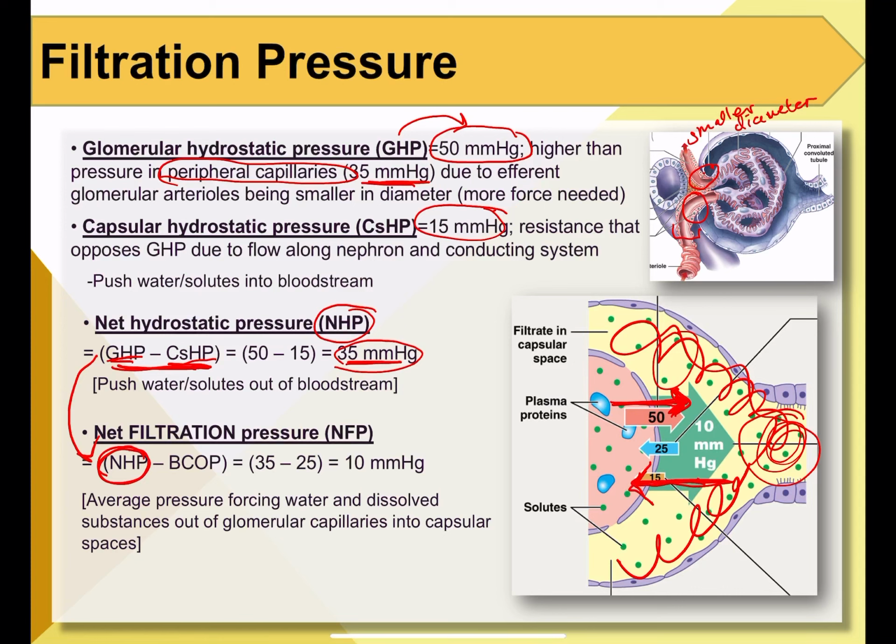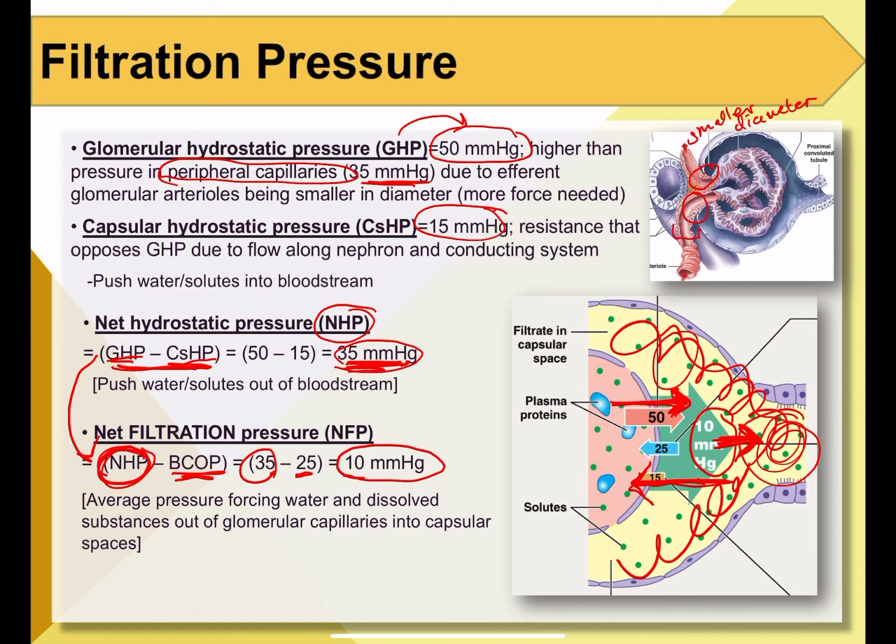So your net hydrostatic pressure is 35 minus BCOP, just like our usual NFP formula, which is 25, as we have calculated, the average value. Hence you have about 10 millimeters of mercury of pressure total going this way.